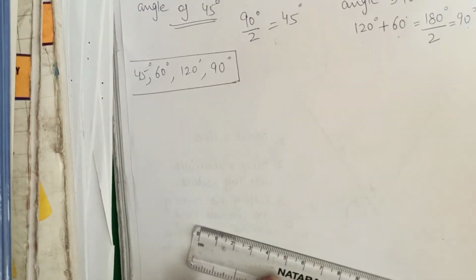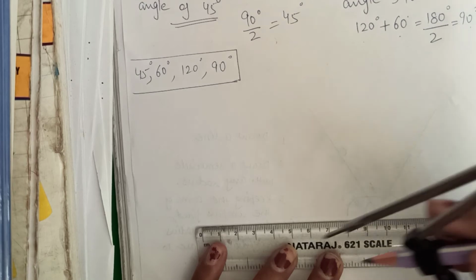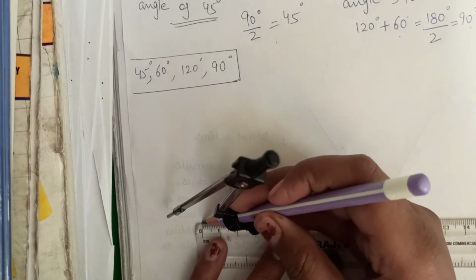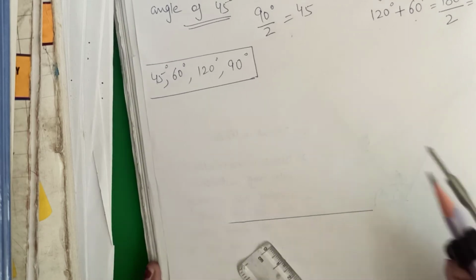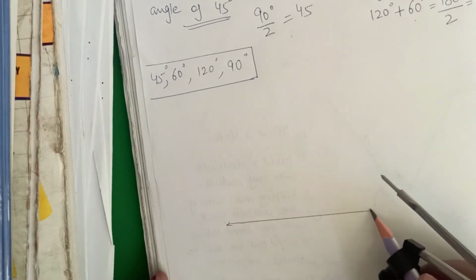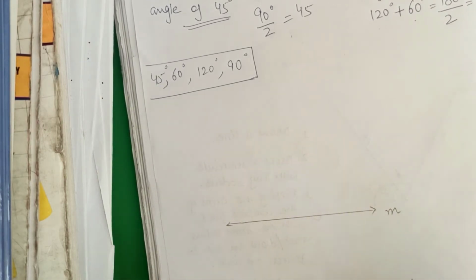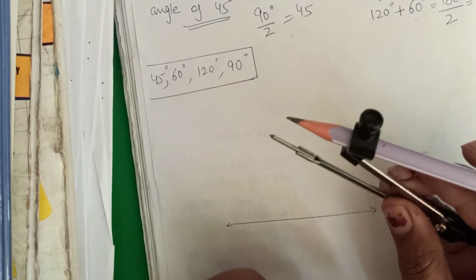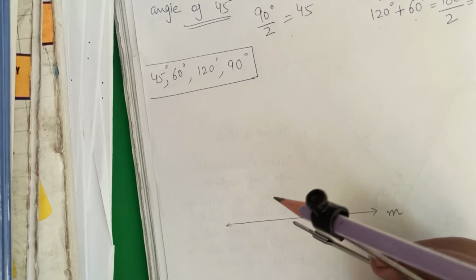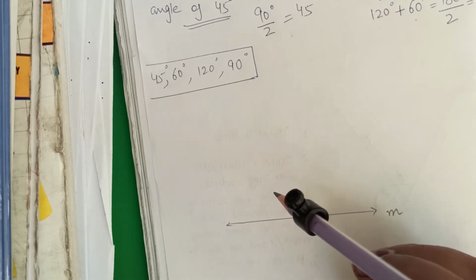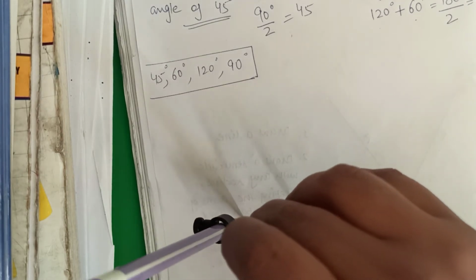See this one, draw a line of any length, right? I give that M. Open the compass of any radius. Now same procedure, draw a semicircle on that.